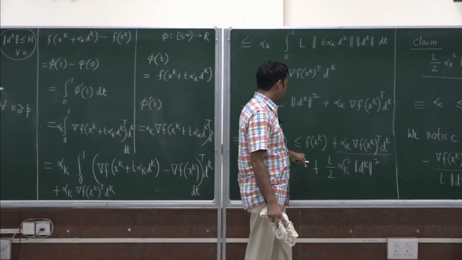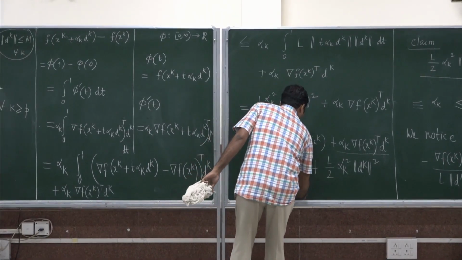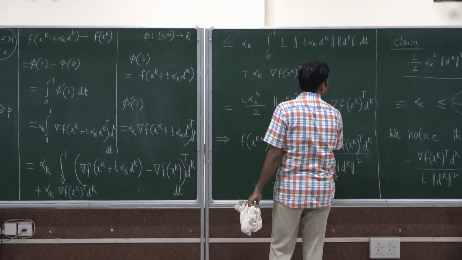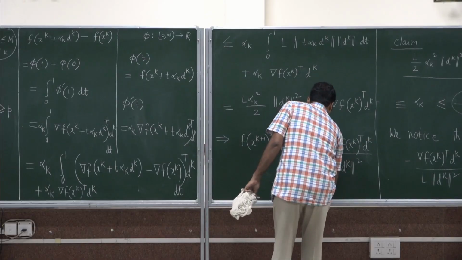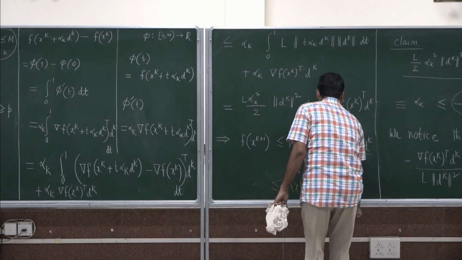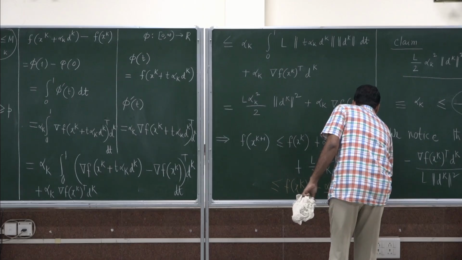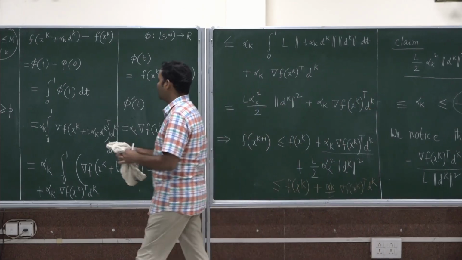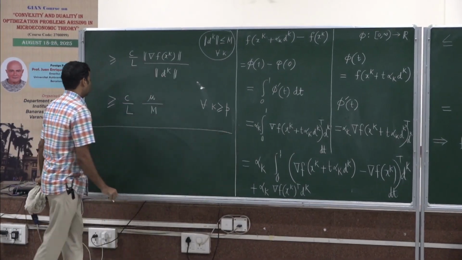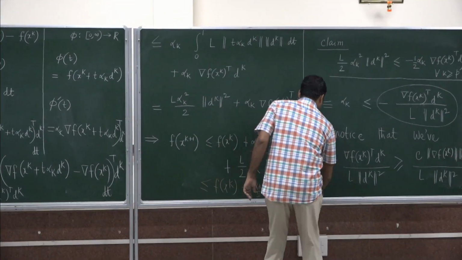f(xk plus 1) less than equal to f(xk), this portion I can now have being replaced by, this was less than equal to minus half. So then ultimately this is plus alpha k by 2 gradient of f(xk) transpose dk. Now let us play with this inequality, and let us name that inequality number 1.